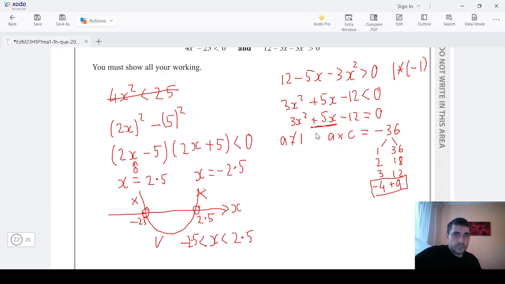Rewrite the equation: 3x squared stays, then instead of 5x, I do minus 4x plus 9x minus 12. I still set it to 0. I'm just pretending that it's an equation, not an inequality. I'll get back to the inequality when I finish with quadratics.